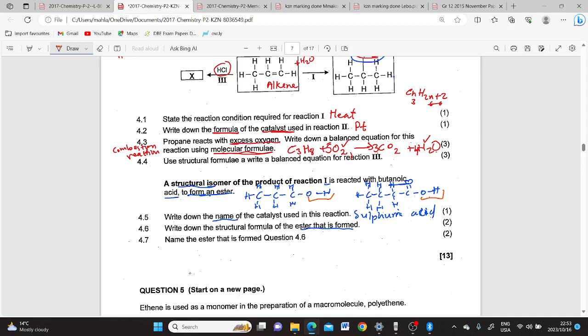Now what we're going to do, we're going to take these 3 carbon atoms bonded to these 4 carbon atoms with 1 oxygen. So fine, let's do it like this.